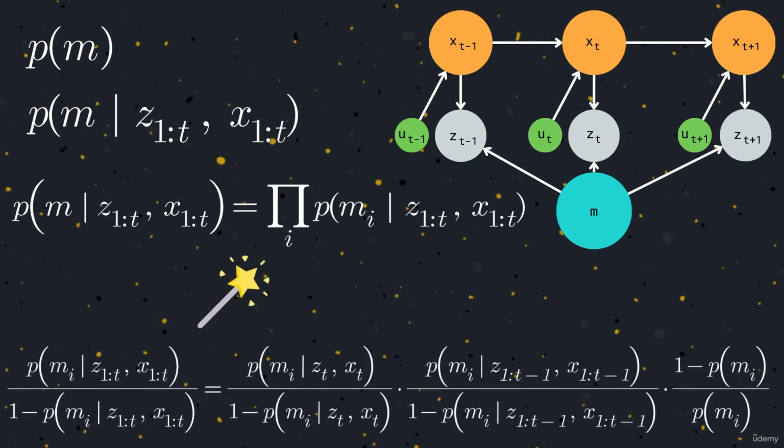Here things start to get a bit complicated and complex mathematical equations come into play, using tools from probability theory such as Bayes' theorem. Since deriving these equations is not essential for the purpose of this lesson, we can simply assume that with a bit of black magic, our mathematician friends have provided us, our robotic software developers, with this equation, where they have decomposed the initial equation into three terms: the probability of the cell i being occupied as a function of the LiDAR readings, the variable z1 to t, and the robot pose, the variable x1 to t.